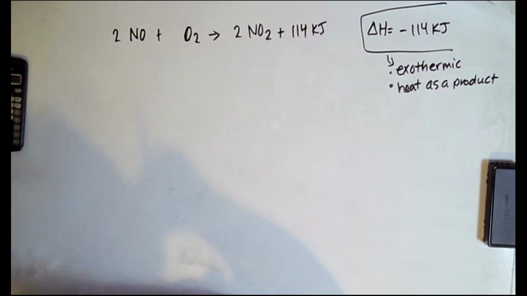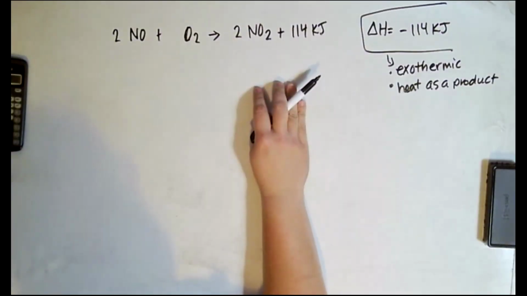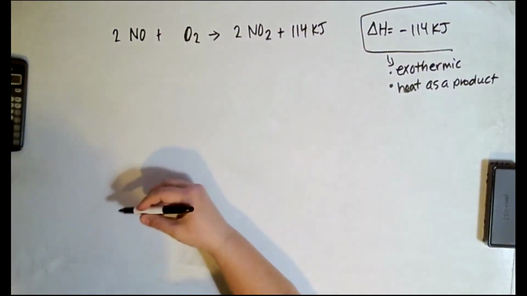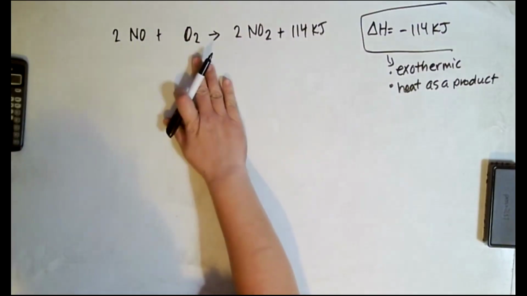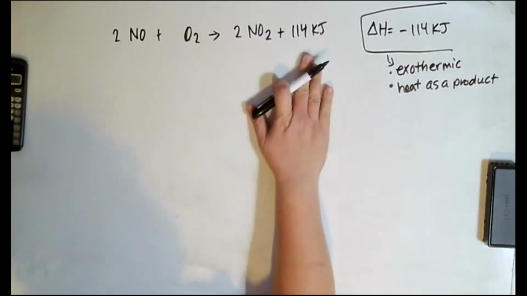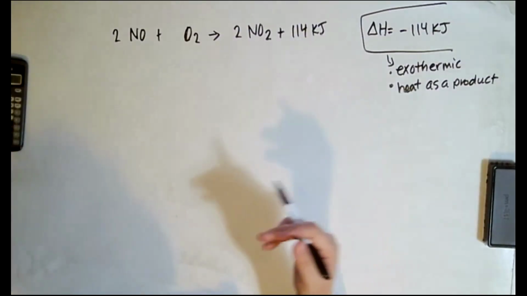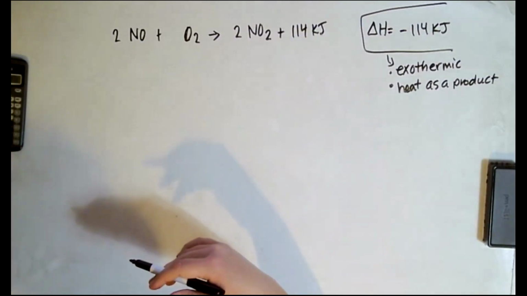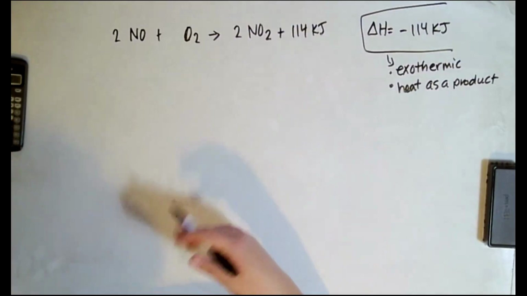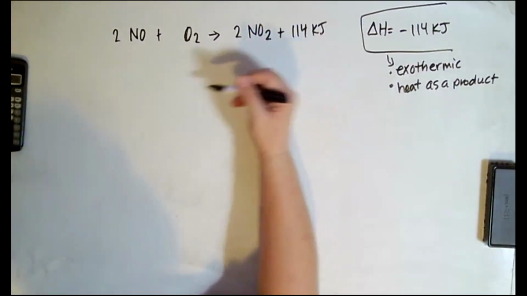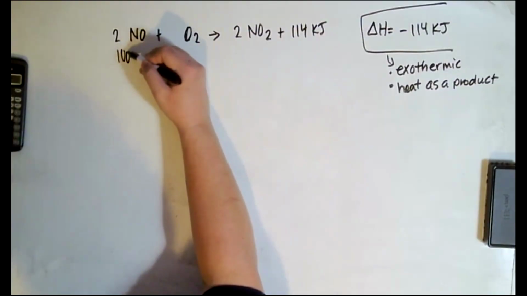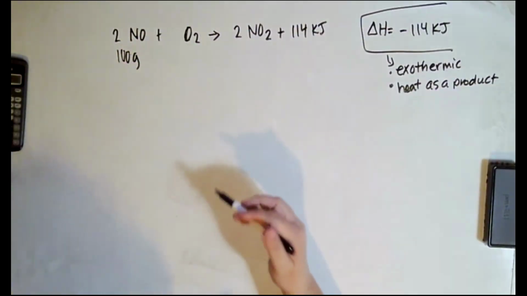Okay, cool. When you have the balanced equation written out like this, you can make equalities between not only your reactants and products, but also the heat value that was either absorbed or released. This question asks how many kilojoules of heat are released when 100 grams of NO reacts.